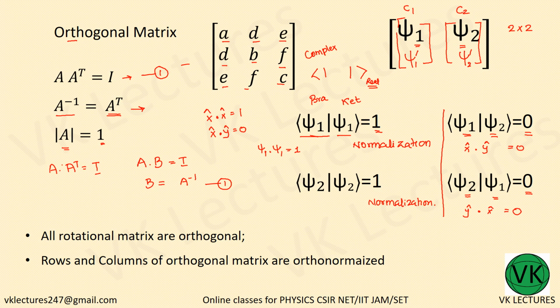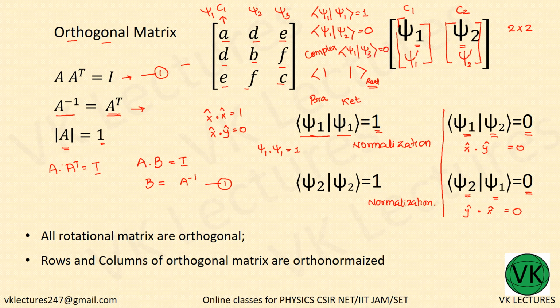Now for an orthogonal matrix, if you consider a wave function, this is the column 1 as psi 1 and the column 2 as psi 2 and column 3 as psi 3, then this equation psi 1 star psi 1 will give you 1, while psi 1 star, either it can be psi 2, this will also give you 0, and another equation, psi 1 psi 3, also will be equal to 0.